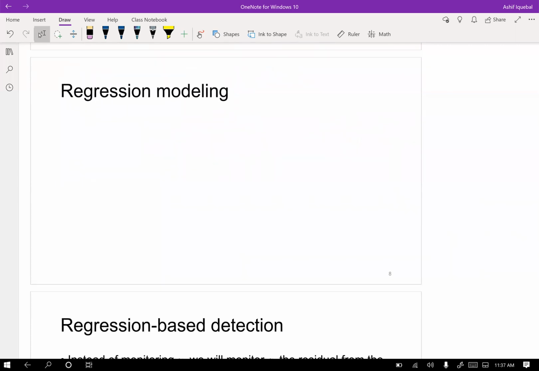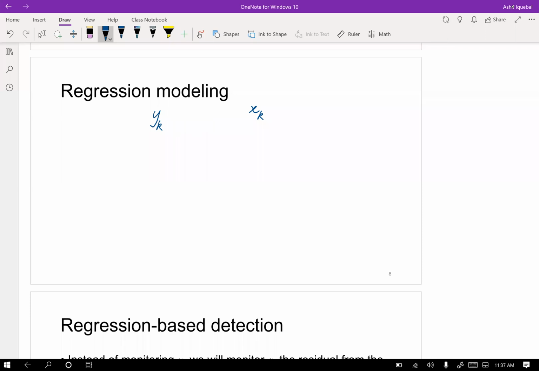Right. Now, regression is basically you want to develop a model to connect your Y and your X. You want to connect these two, right? Now, let's say at any given time, k is time, Xk is our observation, and Yk is our response, all right?